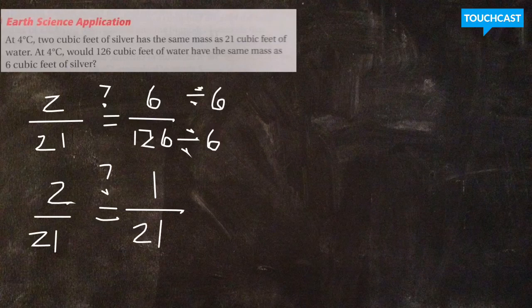Is 2 over 21 equal to 1 over 21? No. 2 over 21 does not equal 1 over 21. So since they are not equal, 126 cubic feet of water would not have the same mass at 4 degrees Celsius as 6 cubic feet of silver.